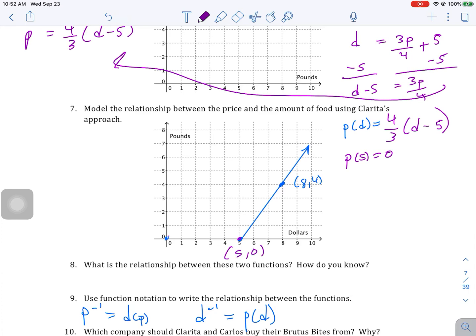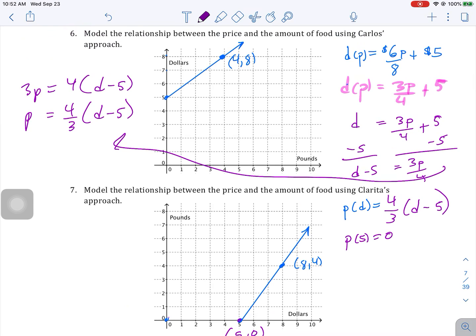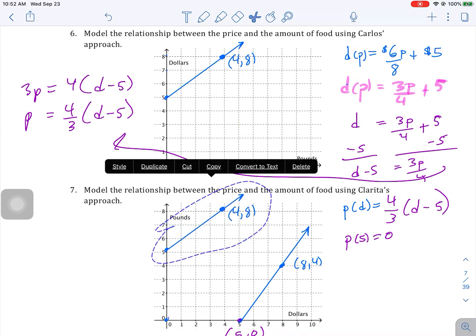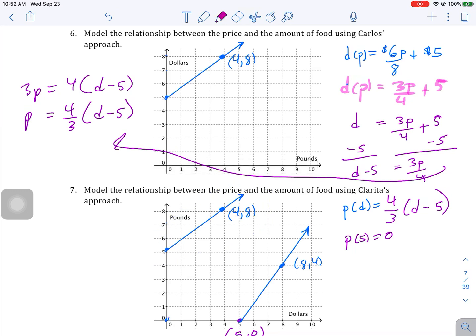There's some cool stuff here too, like if you were to copy, paste, and slide it, you would notice things like, whoa, that's actually symmetric, around the line y equals x. So that's kind of cool.